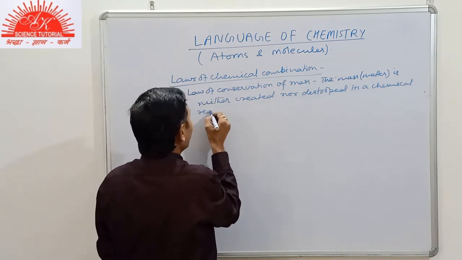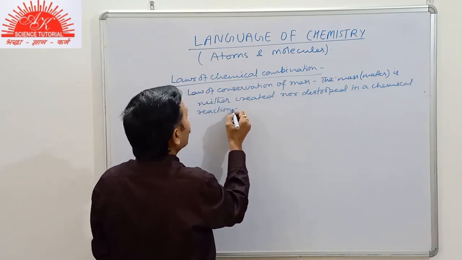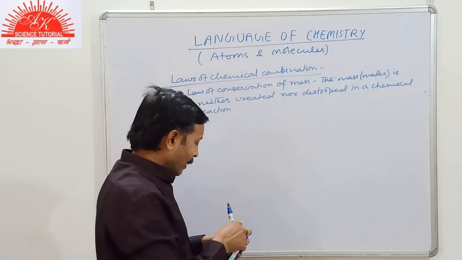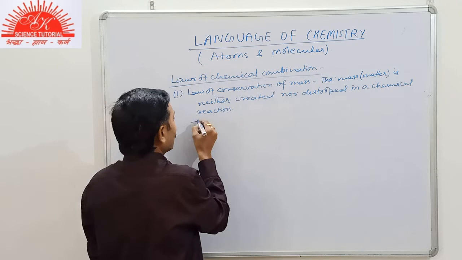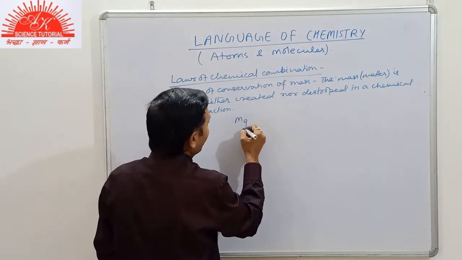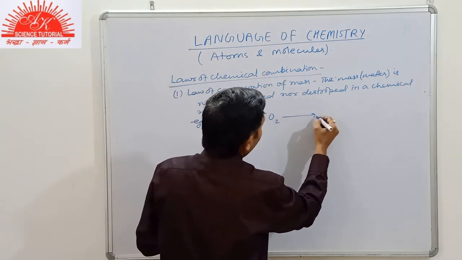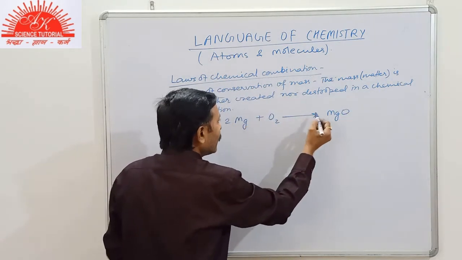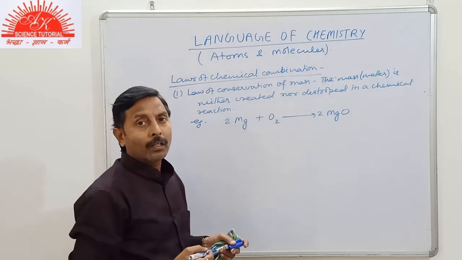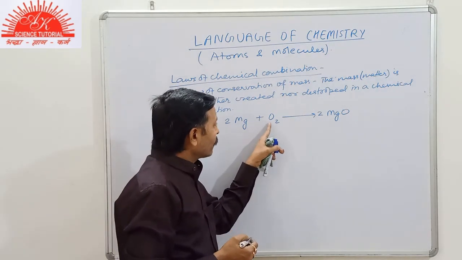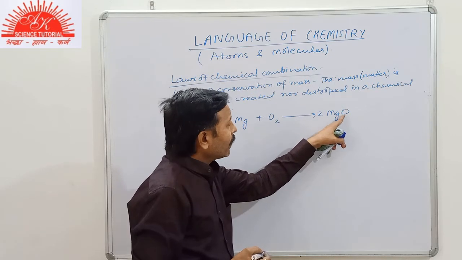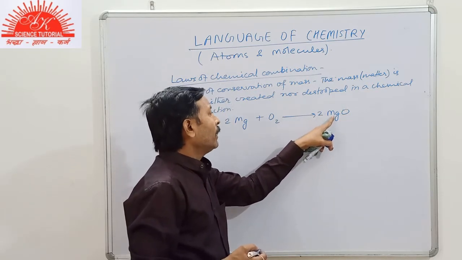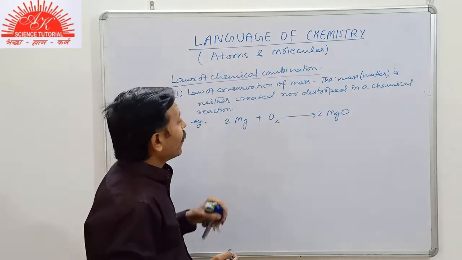Suppose we take an example: Mg plus O2 gives MgO. Now the equation should be balanced, because if there are two atoms of oxygen, then on the product side there must also be two atoms of oxygen. So we write 2 here, and if there are 2 atoms of magnesium, here we write 2.